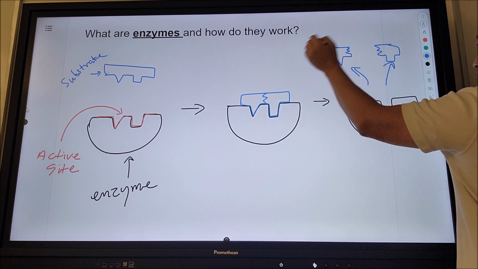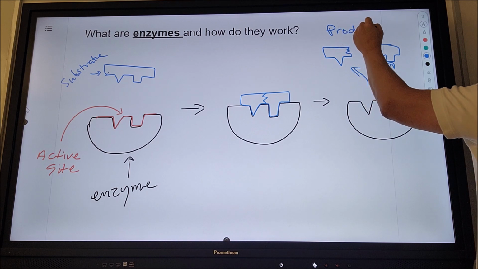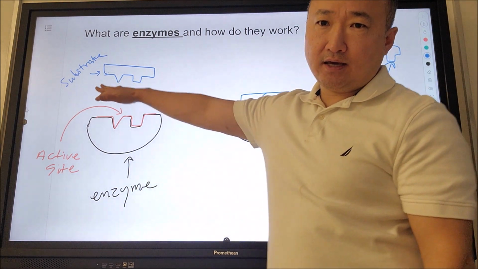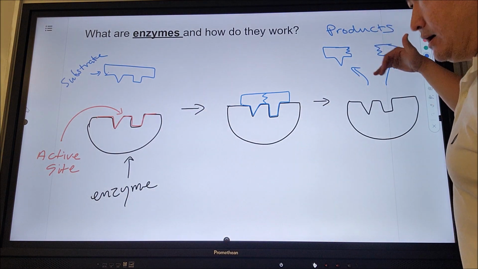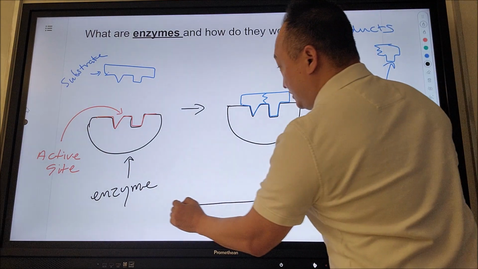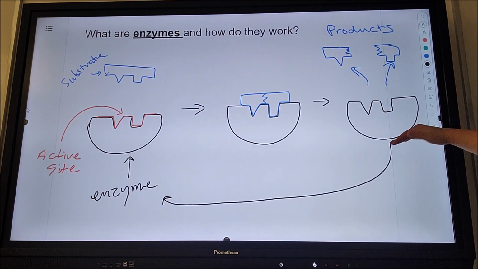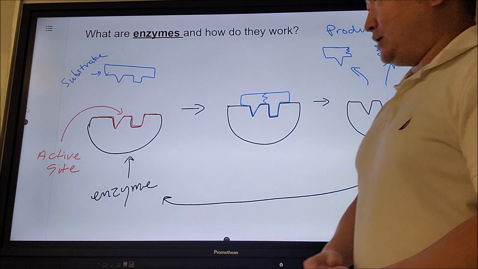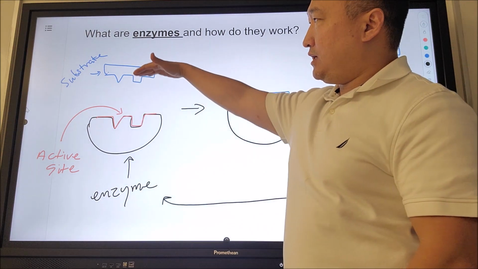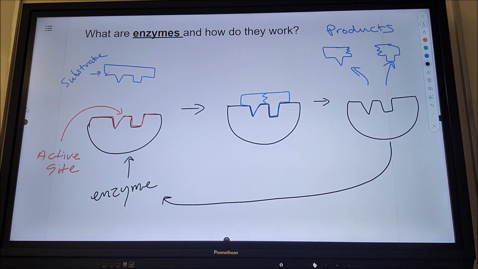So these are now known as the products. So you have your reactants, aka substrate, and then you have your products. And now this enzyme is free to catalyze more substrate. So notice the enzyme did not change. You didn't get less of it. You didn't use it up. But certainly the substrate quantity, the concentration, will decrease, and the products will increase.